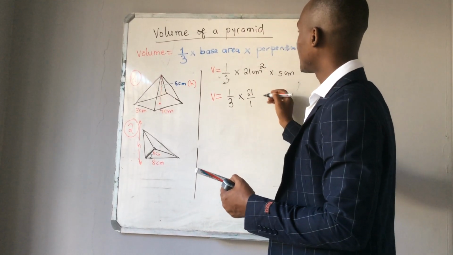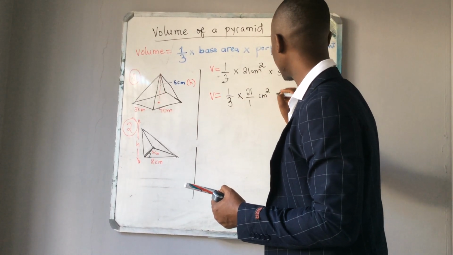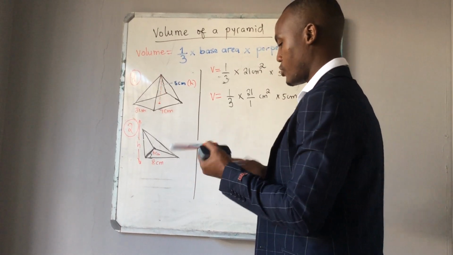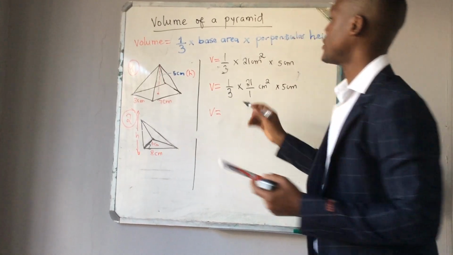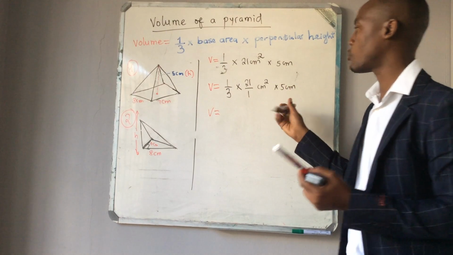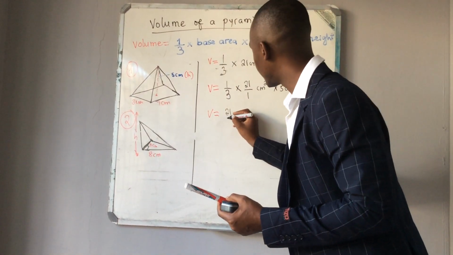So when we do that, we now have here centimeters squared times 5 centimeters. Continuing, we have volume equals, because we have a multiplication of fractions, we can multiply 1 times 21, which is just 21, and 3 times 1, which is 3.